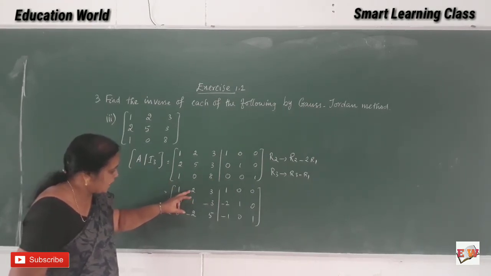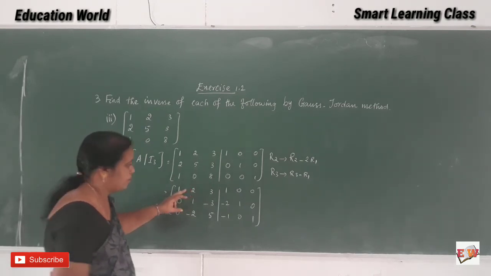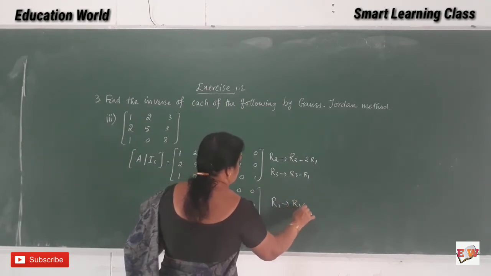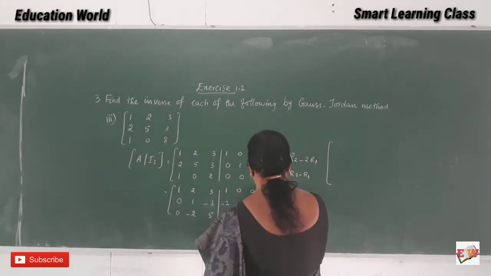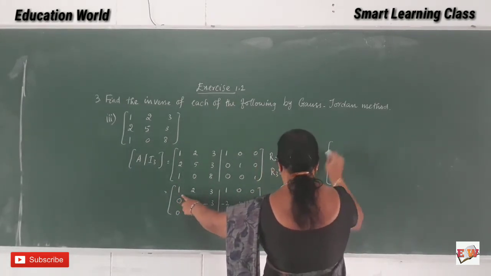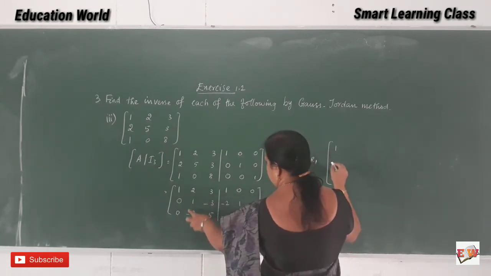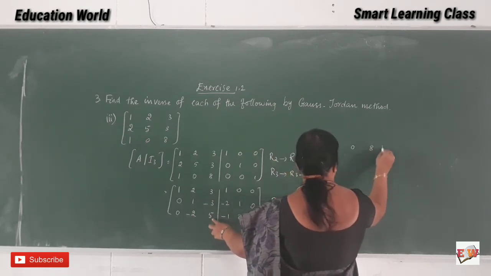Suppose we add R1 plus R3, this term will become 0, no? So R1 gives R1 plus R3. Next step, what do we get? R1: 1 plus 0, 1. 2 minus 2, 0. 5 plus 3, 8.